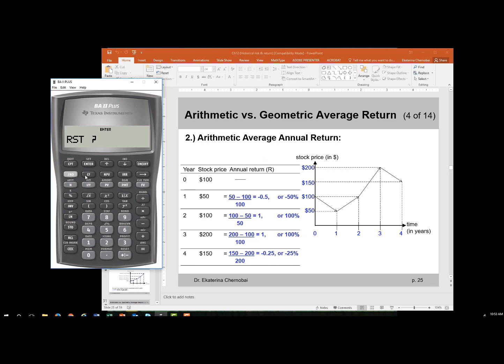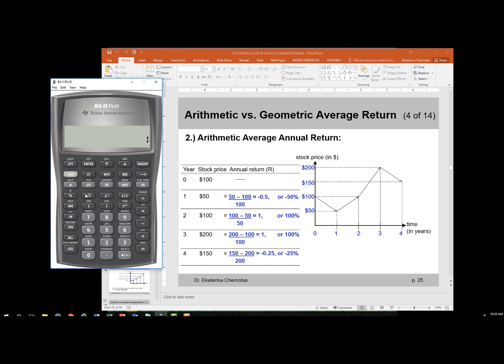Let's clear everything and start all over again. Let's say you have $1 today. That's your starting point. That's your present value. 1, set it to negative, PV. 1 year later, your return is negative 50%, right?